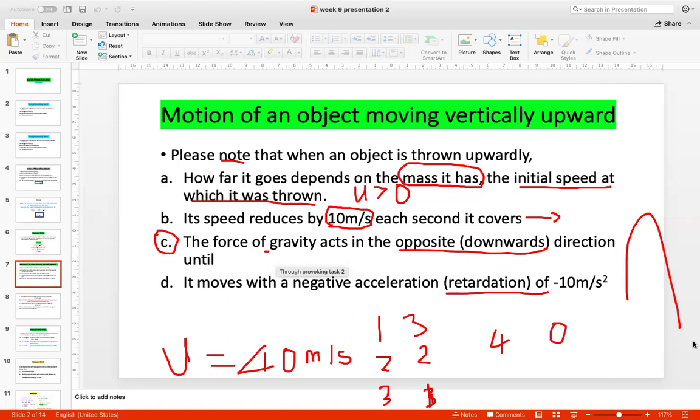So simply that is a real explanation of what really happens on the ground.